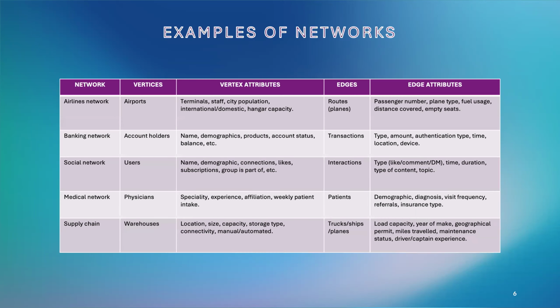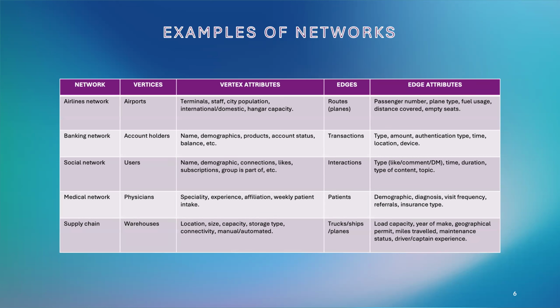But now let's take a look at some examples of networks. We will define them based on vertices and edges, and keep in mind that both vertices and edges can have attributes. For instance, in an airlines network, we could have as vertices the airports, and as edges the routes or the planes themselves, and we can have some attributes, like I said, associated with both vertices and edges.